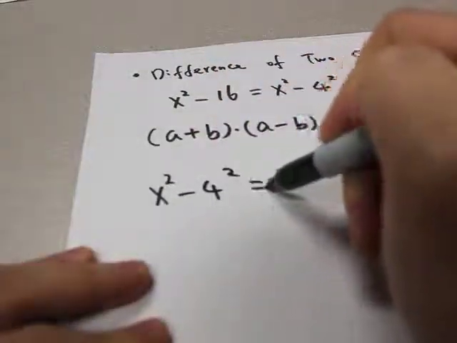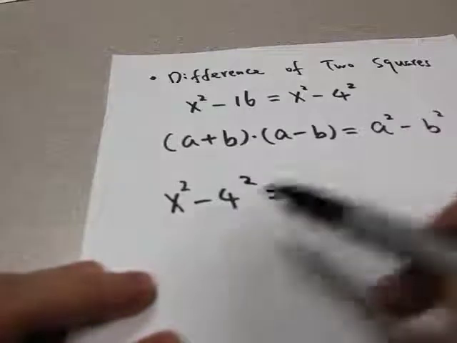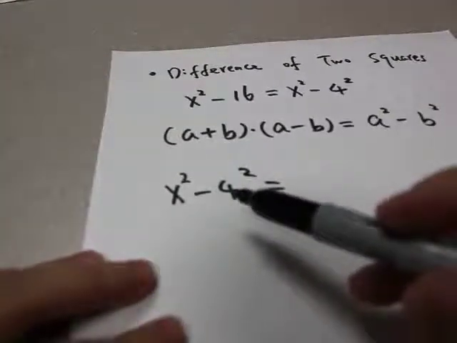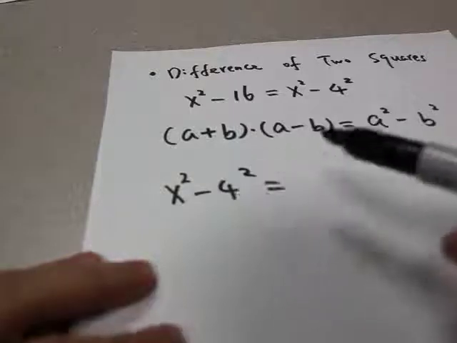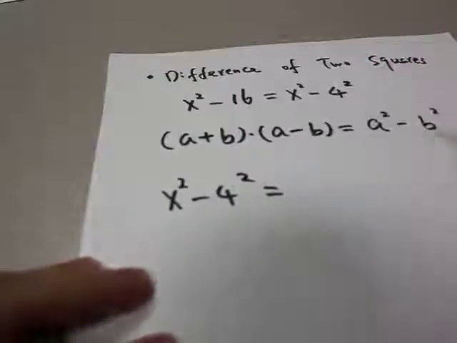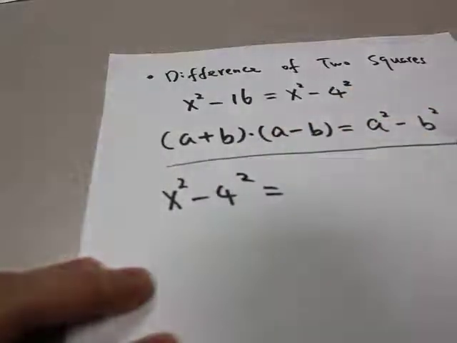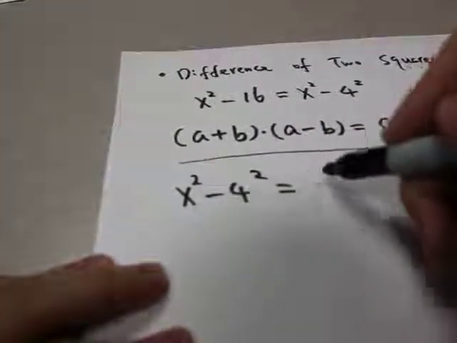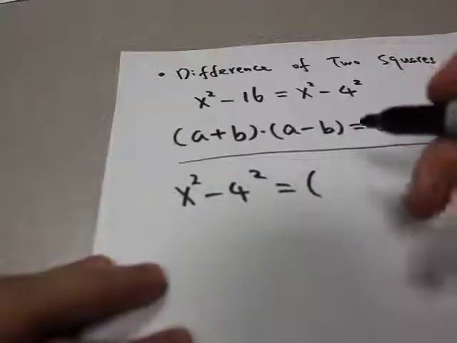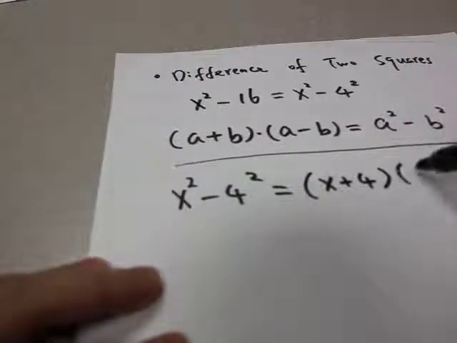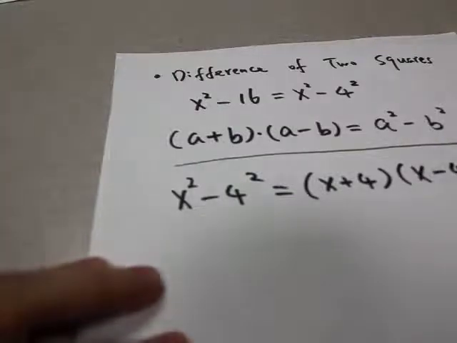So the x is like the a, because it's a squared, and 4 is like the b. So according to this result, we can factor this into x plus 4 multiplied by x minus 4.